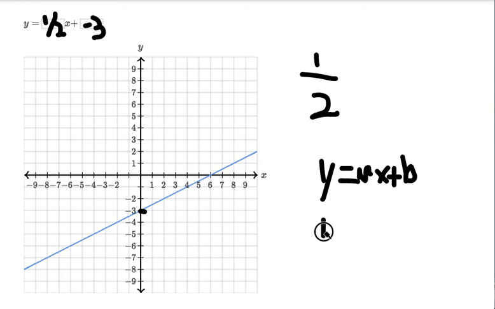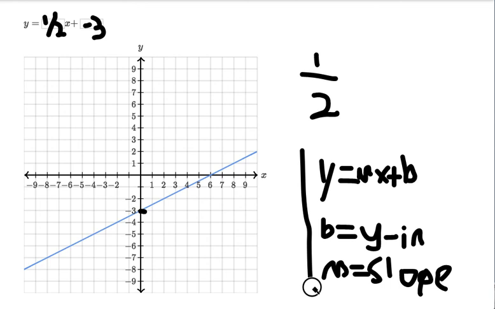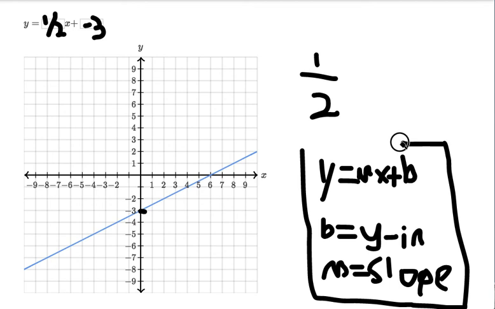So let's go over it. b equals the y-intercept, and m equals the slope. And x will always be the number you plug in in order to find the equation. As long as you know this concept, you'll succeed at identifying equations when given a graph.